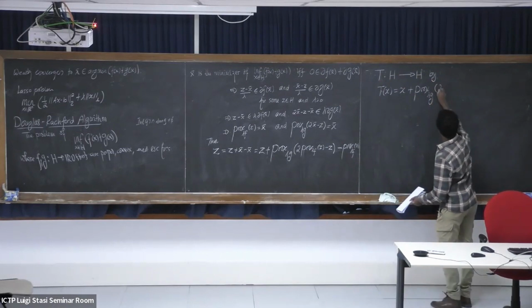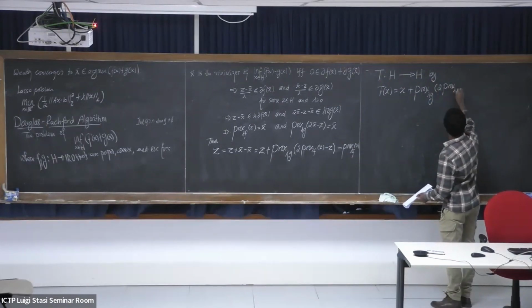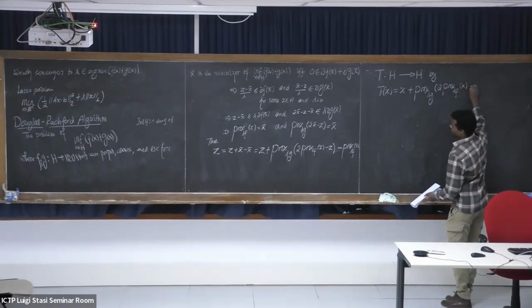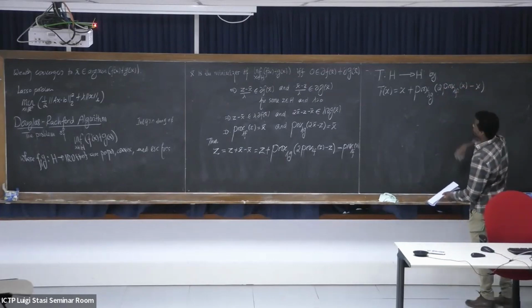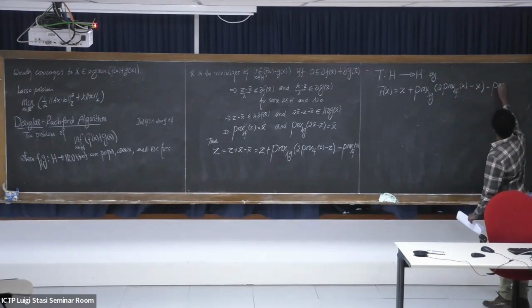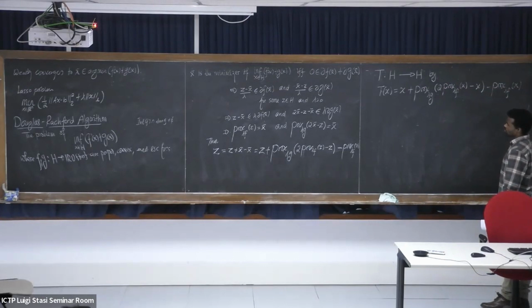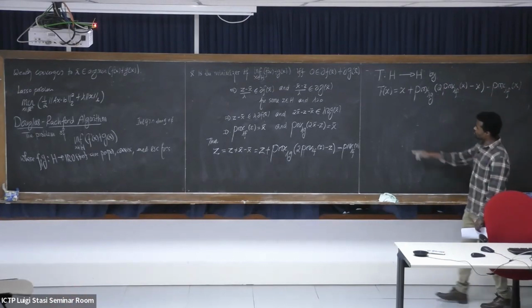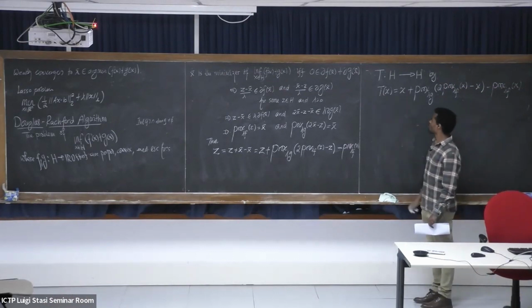Lambda g of 2 of proximal of lambda f of x minus x, minus the proximal of lambda f of x. So it can also be studied as a kind of problem of this form.